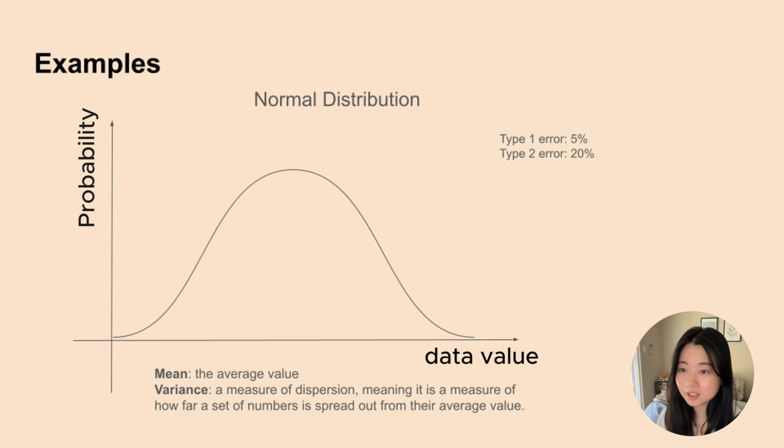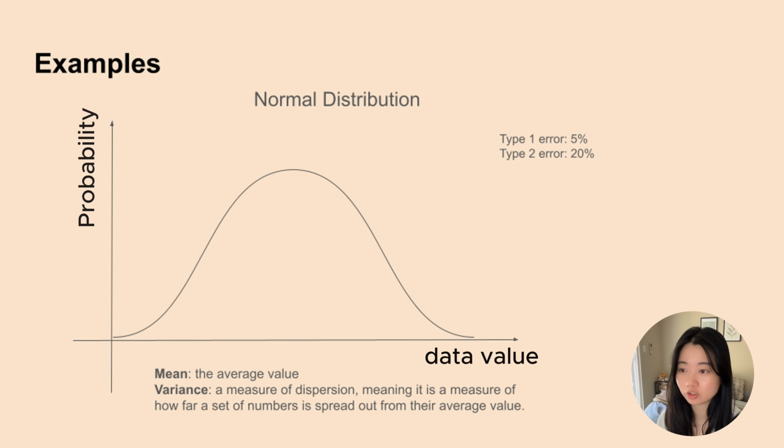If the probability is high, they can be from the same distribution. On the contrary, if the probability is extremely low, like less than 0.05, then it's very unlikely that this data is from the same distribution.